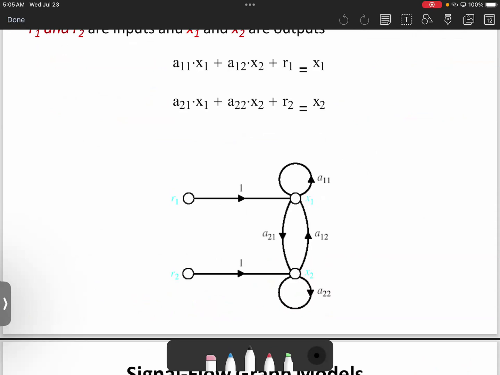Then we write the relationship between them: X1 equals plus R1, then A12 X2 and A11 X1.